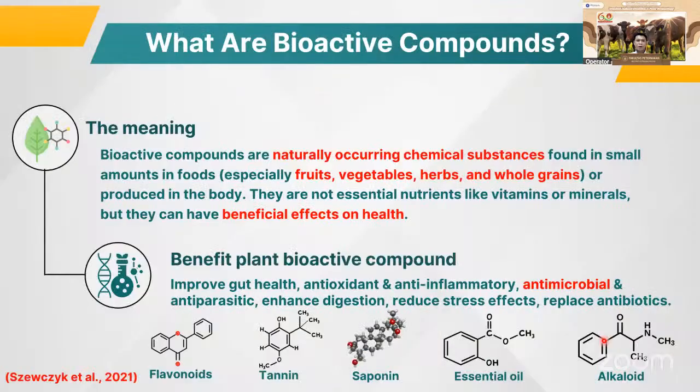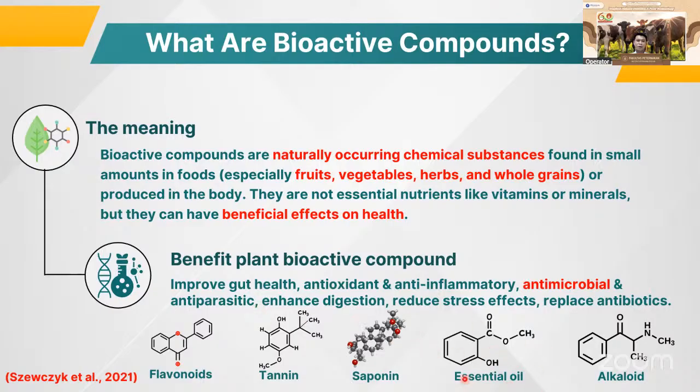So when we talk about bioactive compounds, what is the meaning? A bioactive compound is a product that occurs in nature. In some fruits, vegetables, or herbs, or grains, it can be found. For example, flavonoids, tannins, saponin, or essential oil.